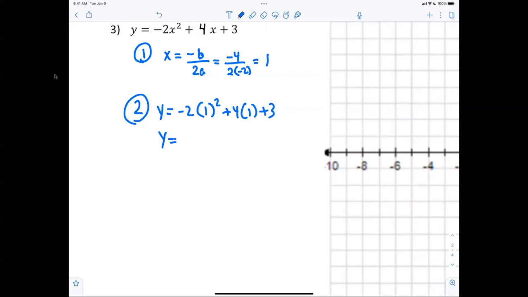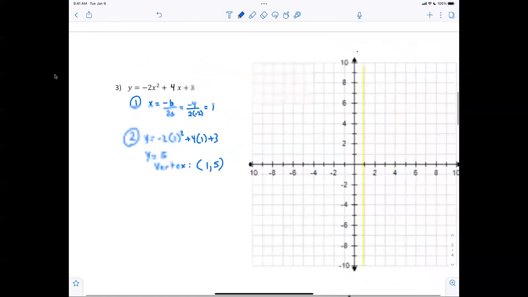Y equals 5. That's what I got. So now everybody's going to tell me the vertex is at 1 comma 5. Everybody's good with 1 comma 5. All right, so now everybody go to the graph and plot 1, and then go up to 5 and plot a point.